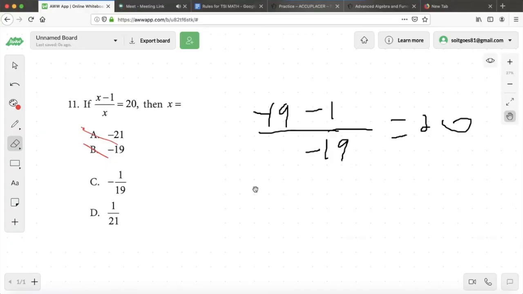Eek. Okay, well, let's plug them in and see if we can figure this out logically. Go ahead and plug them in. Okay.